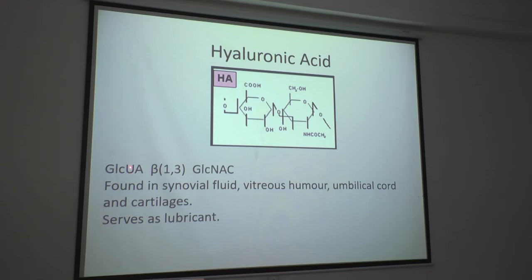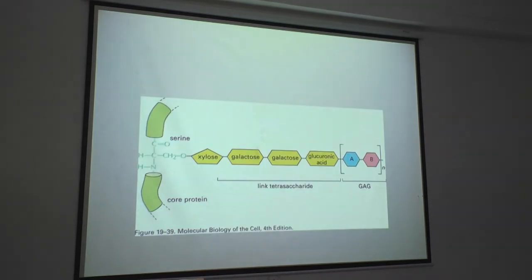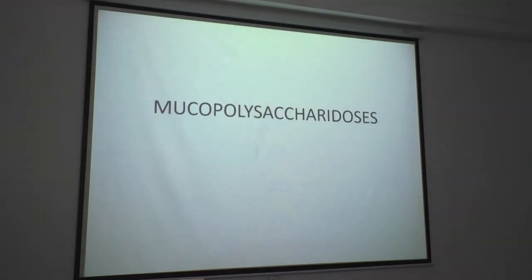Iduronic acid, gluconic acid. Mucopolysaccharidoses, or MPS. Each has the same meaning. Both are right.